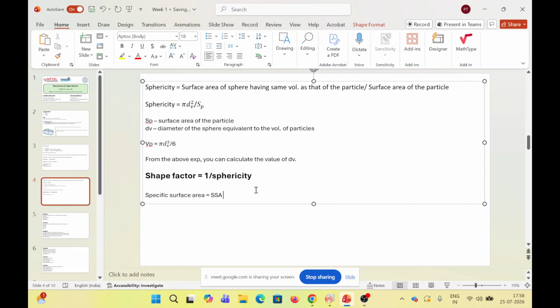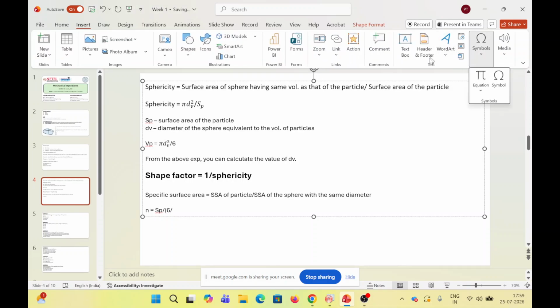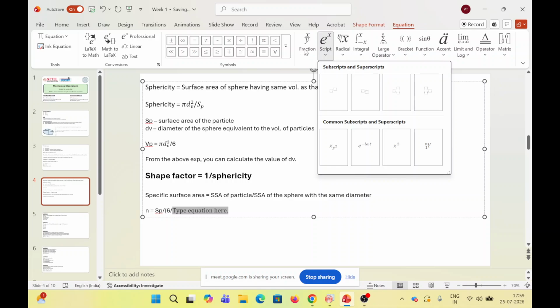So the specific surface area of the particle divided by the specific surface area of the sphere with the same diameter is usually expressed as n equals SP, that is, the specific surface area of the particle, divided by 6 by rho d.